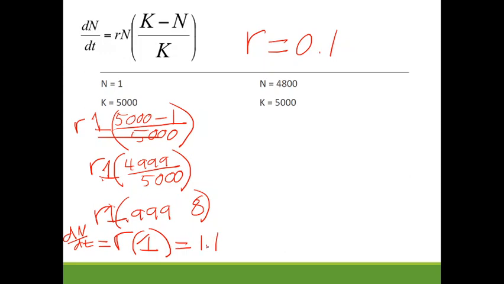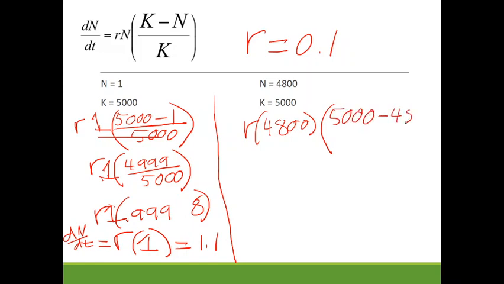What this means is this r is unchanged, and it's going to be maximum, this 0.1, when you have a really low population. So let's do something different, right? Let's say N is 4,800. So r times 4,800 times 5,000 minus 4,800, divided again by that 5,000.